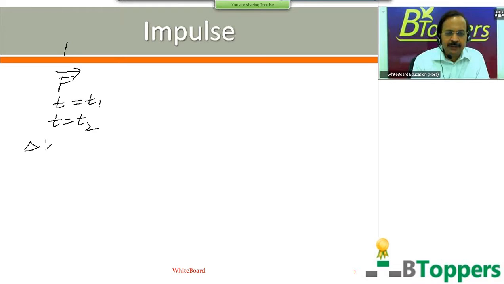That means the impulsive force F bar acts for the time interval delta t equal to t2 minus t1. Then the impulse of the force for an infinitesimally small interval of time dt is written as F bar dt.